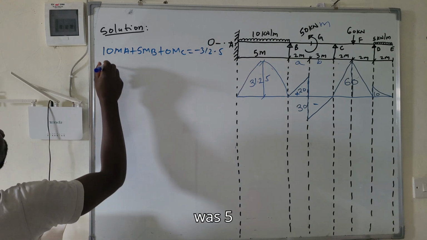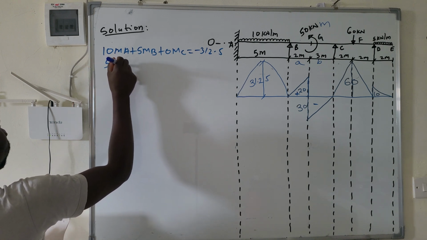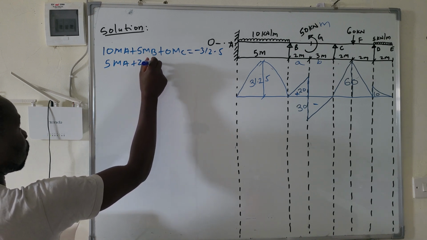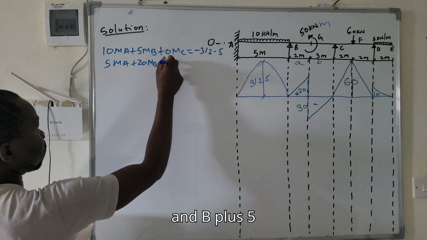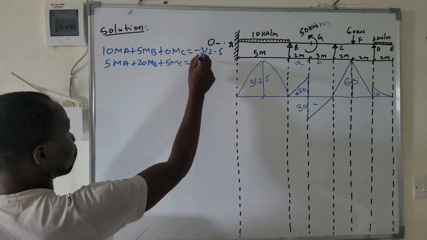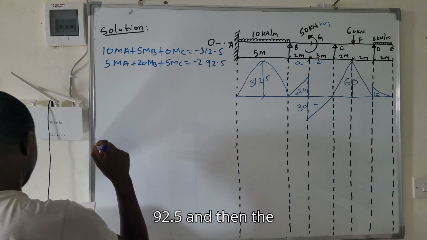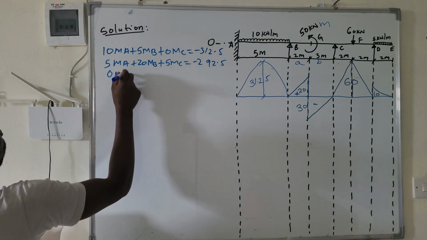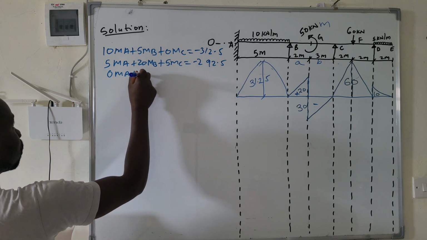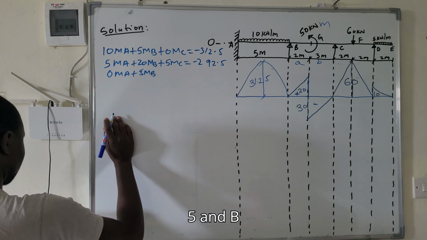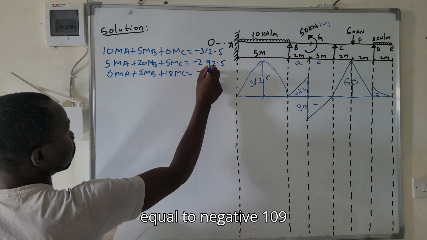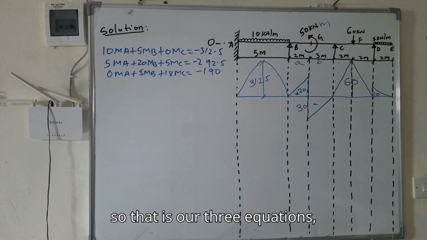The second equation was 5 MA plus 20 MB plus 5 MC is equal to negative 292.5. And then the final one, 0 MA plus 5 MB plus 18 MC is equal to negative 190. We introduce this 0 to make it 3 unknowns. So that is our 3 equations.